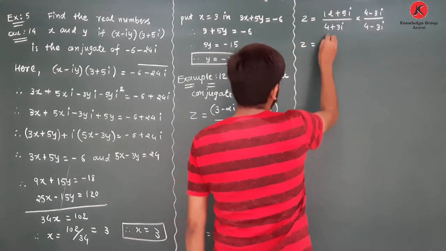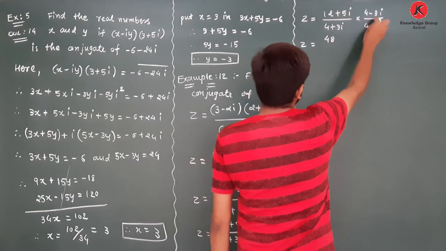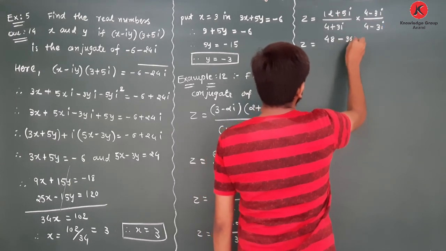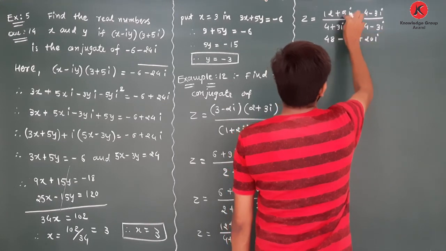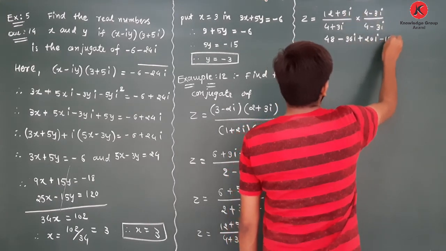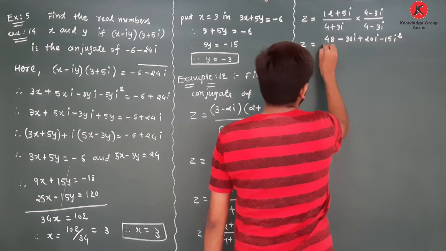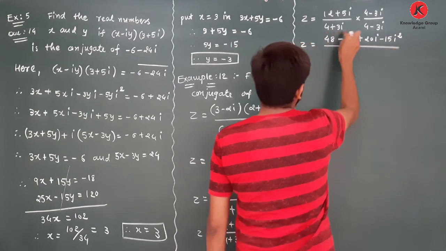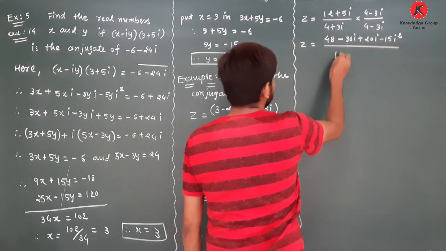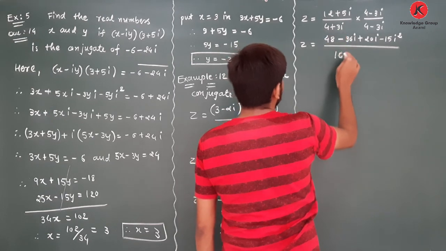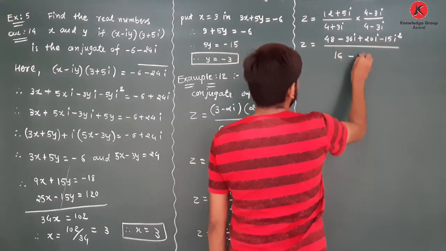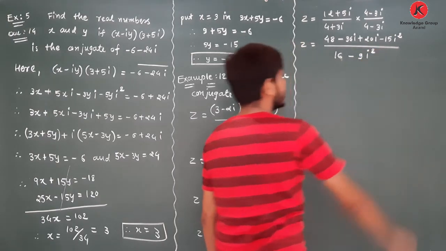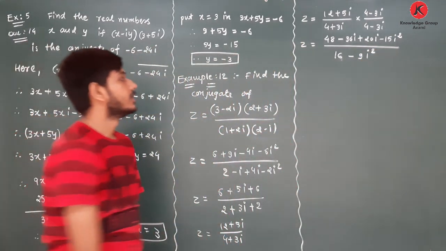We are getting 12 4s are 48 minus 36i, 5 4s are 20i, and this will become minus 15i square, whole divided by a plus b into a minus b. A square means 4 square, 16, minus 3i square means 9i square. Okay, simplify this.